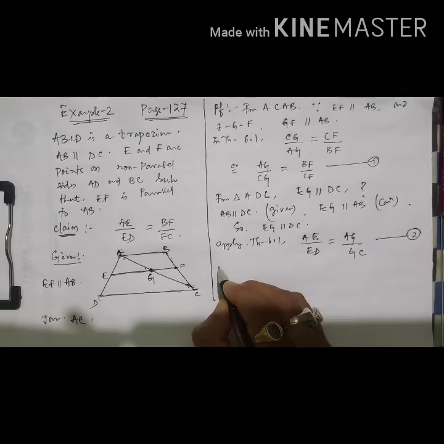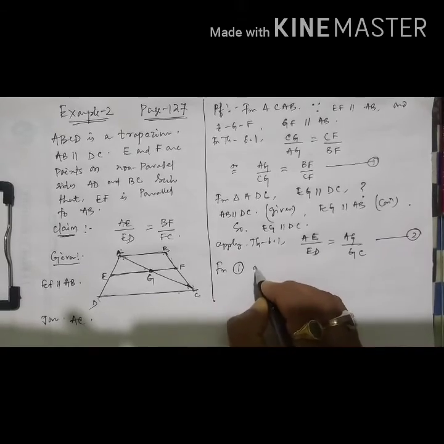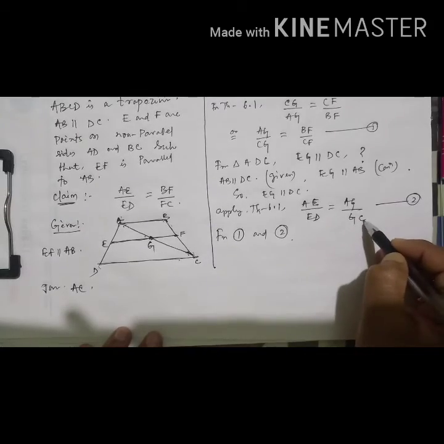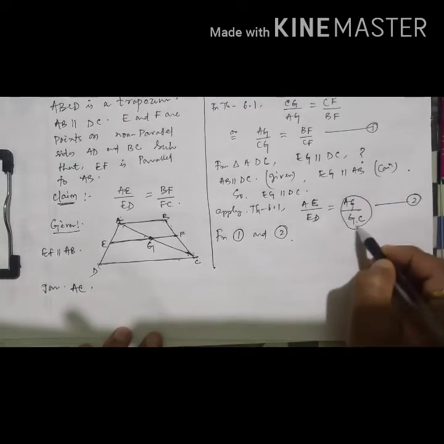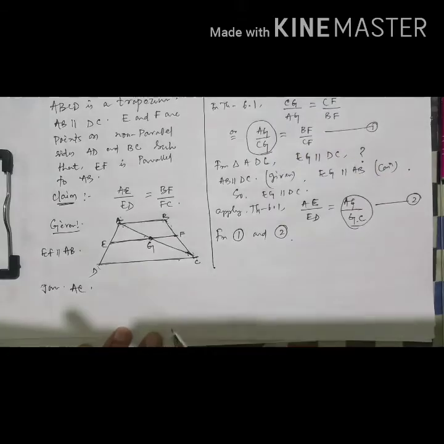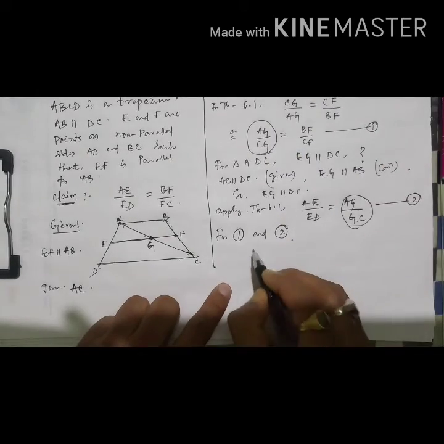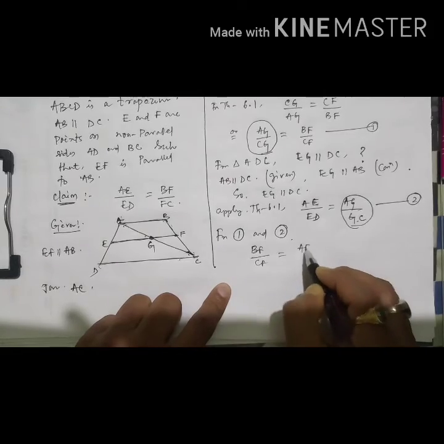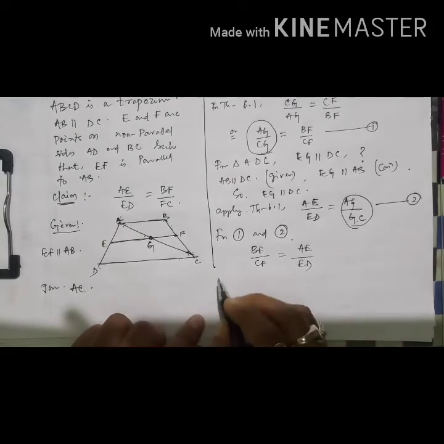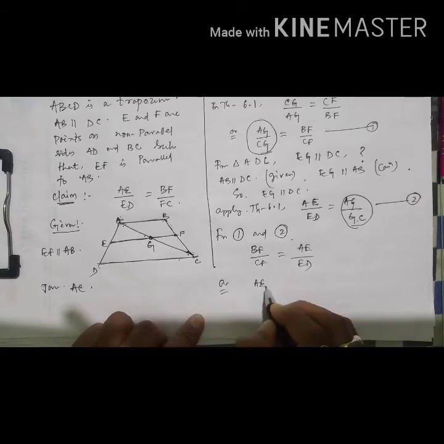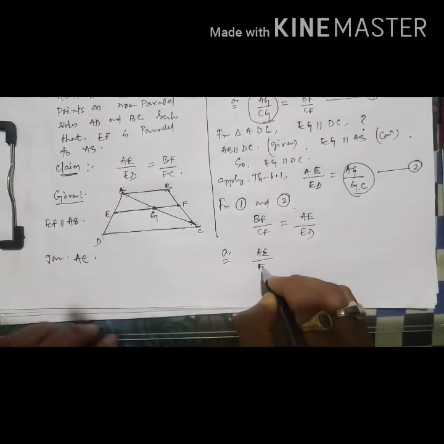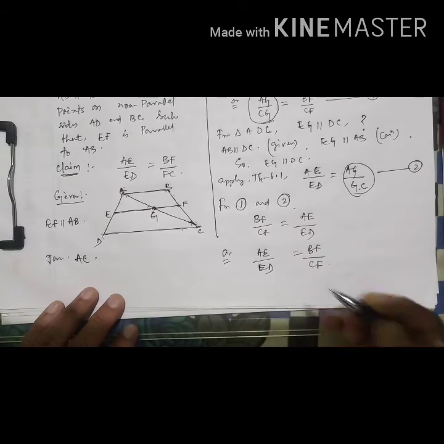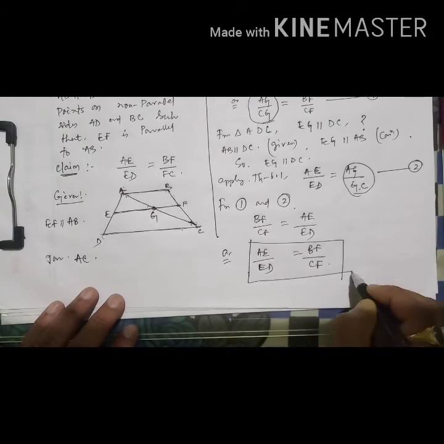From equation 1 and 2 you see AG by GC here, and in equation 1 it is AG by GC. Now BF by CF equal to AE by ED, or finally you can write AE by ED equal to BF by CF or FC, what it is claimed.